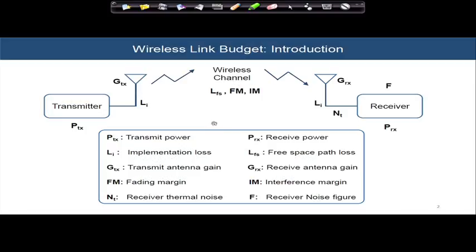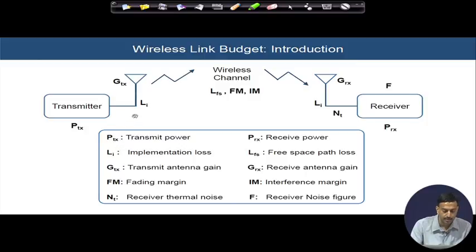So as we see, we have a transmitter which can transmit a wireless signal with a transmit power denoted by PTX, and the gain of the transmit antenna is denoted by GTX.